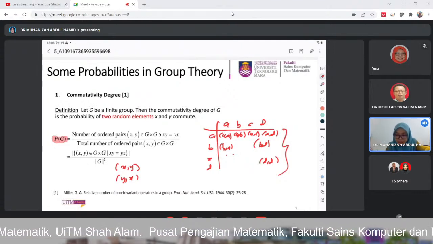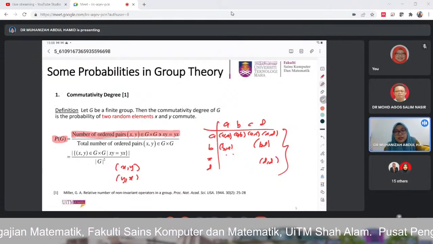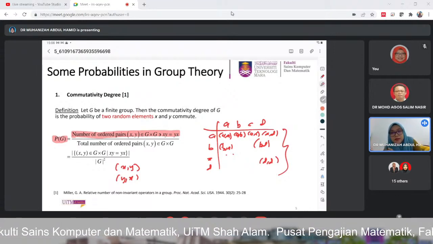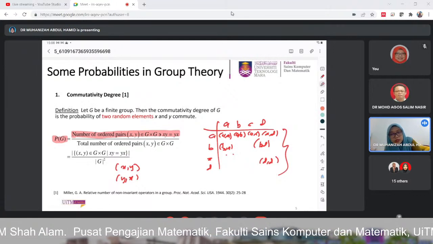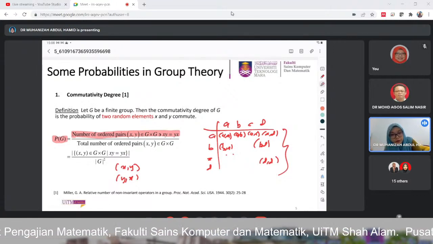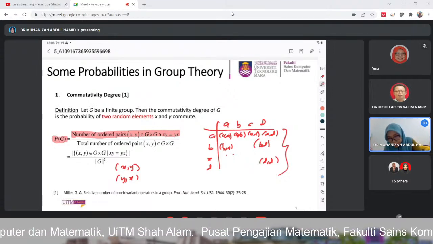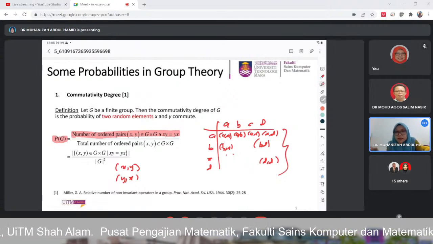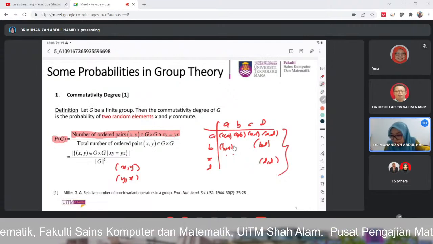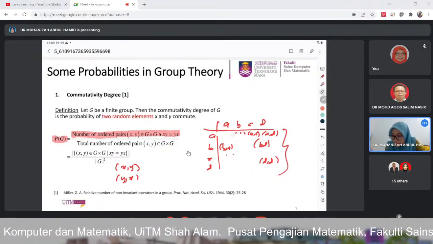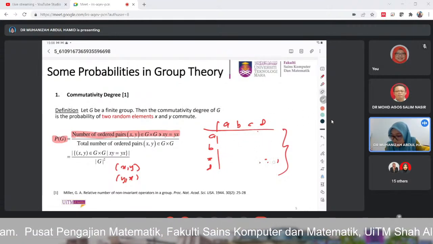But how do we determine this number of ordered pairs that commute? Actually, there are 2 approaches in finding the commutativity degree of a group, but I will just explain the first method, which is by using a modified Cayley table, or what we would call a 0-1 table. So let's construct the Cayley table.